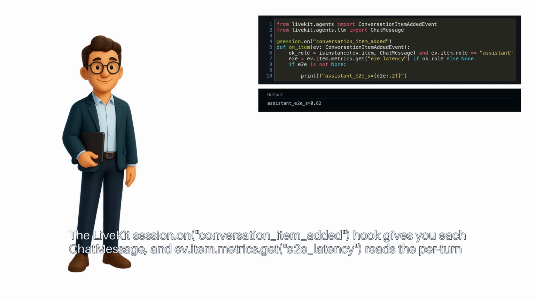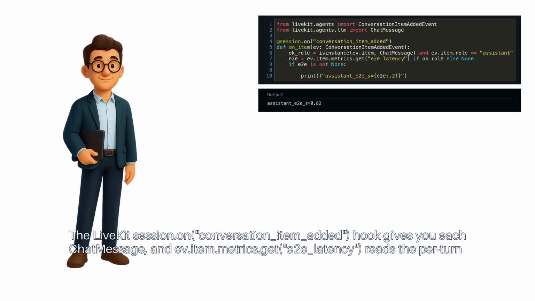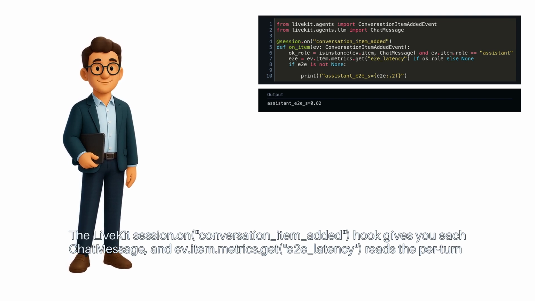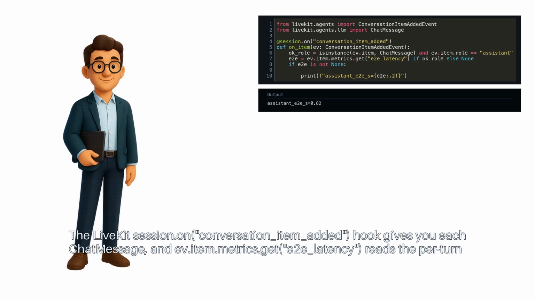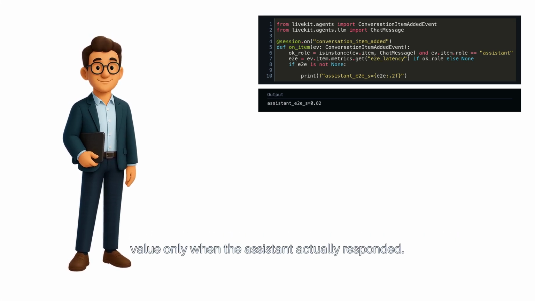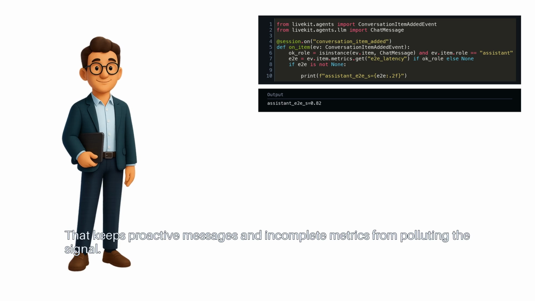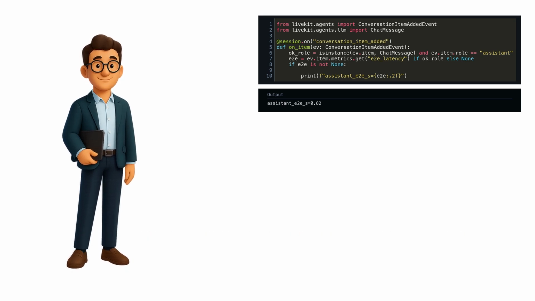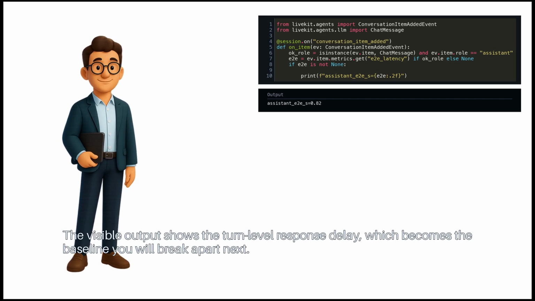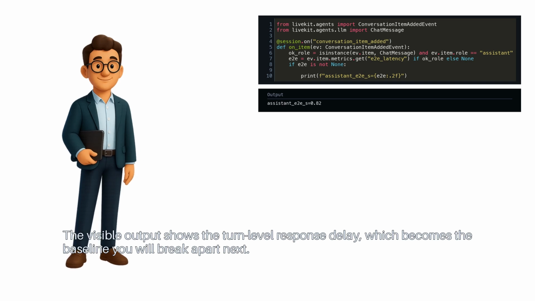The LiveKit session on conversation item added hook gives you each chat message, and the item's metrics E2E latency reads the per turn value only when the assistant actually responded. That keeps proactive messages and incomplete metrics from polluting the signal. The visible output shows the turn level response delay, which becomes the baseline you will break apart next.